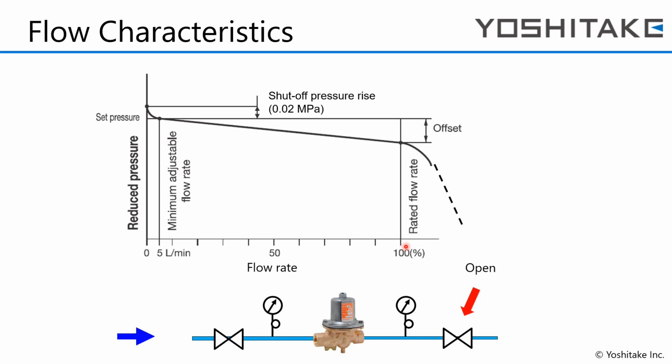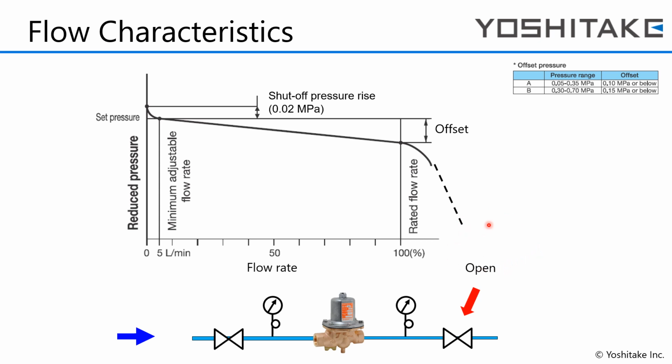The pressure drop from the minimum adjustable flow rate to the rated flow rate is called offset. This offset depends on the model of the pressure reducing valve, but the offset pressure is around 0.1 megapascal or 0.15 megapascal.